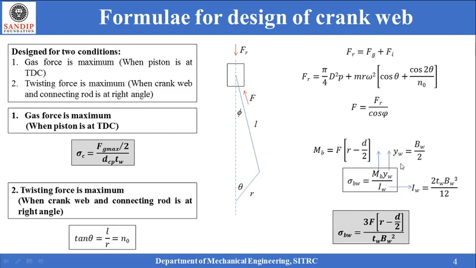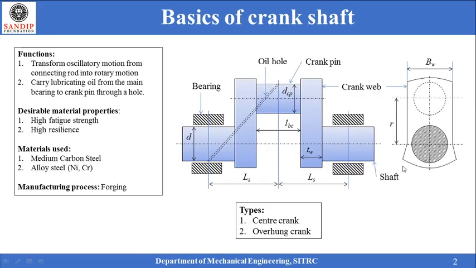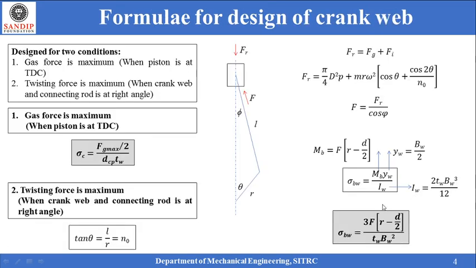Y is the distance of the extreme fiber from the neutral axis. Again, in this diagram, this is the neutral axis about which bending is taking place. So the distance of extreme fiber is Bw by 2. I is the area moment of inertia of the web, which has got a rectangular cross section.